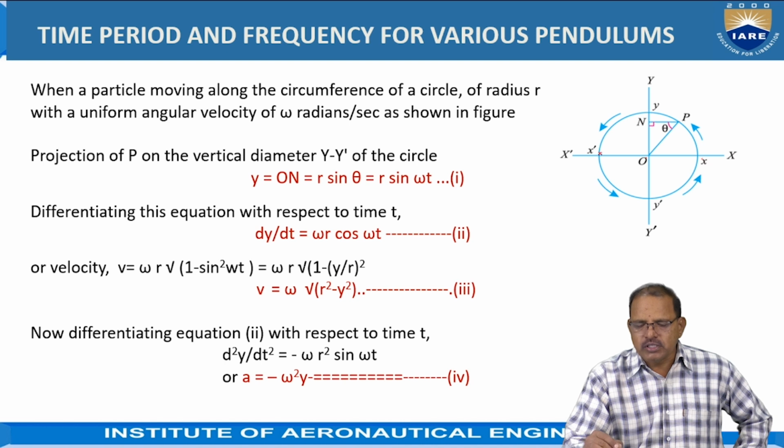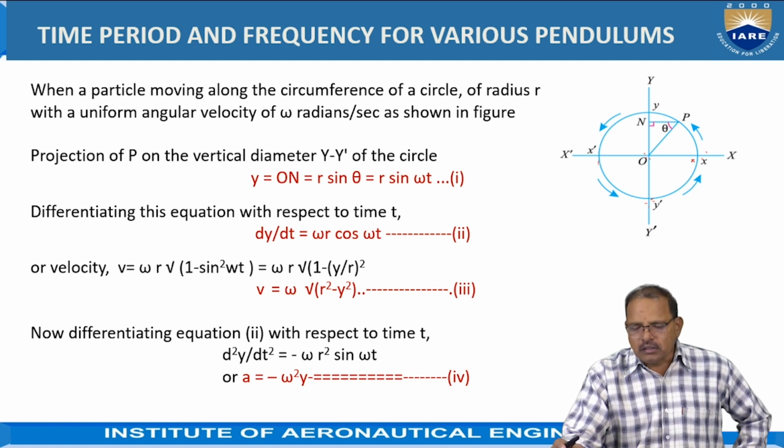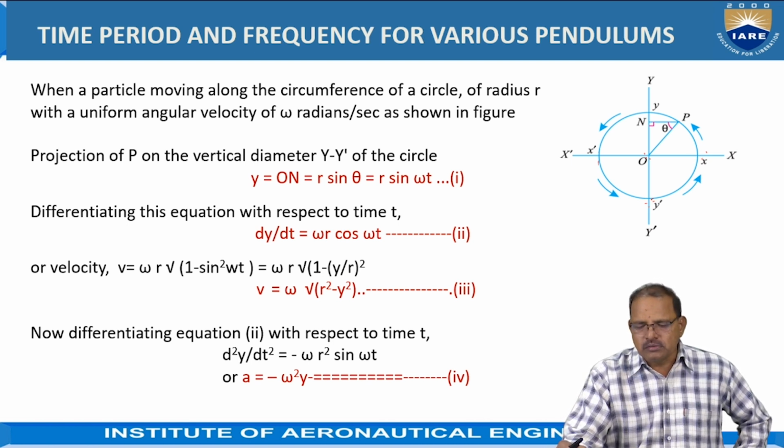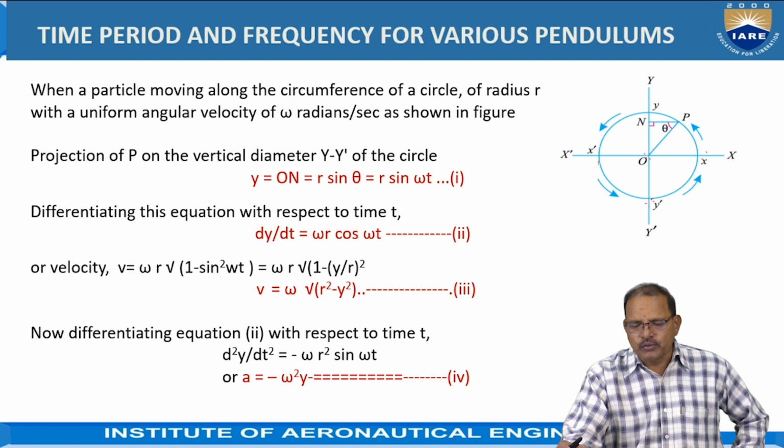Again from Y to X dash, when the body is moving along the circumference, its projection comes from Y to O position. Similarly, X to Y dash position, so O to Y dash position. When the object is moving from Y dash to X dash position, again its projection goes from Y dash to O position.